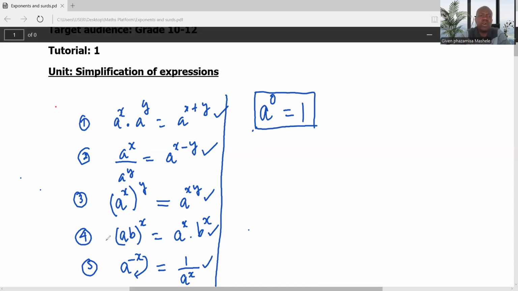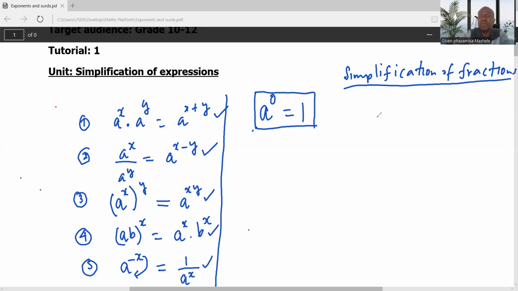And another thing, when you are dealing with exponents, you must be able to simplify fractions. Simplification of fractions is very important. You must be able to simplify fractions, ladies and gentlemen.